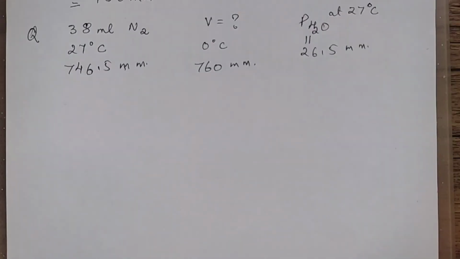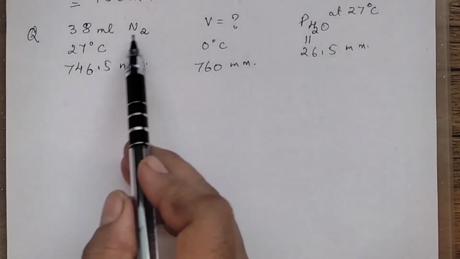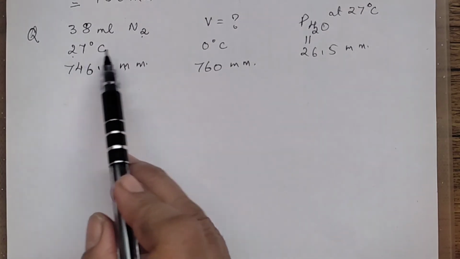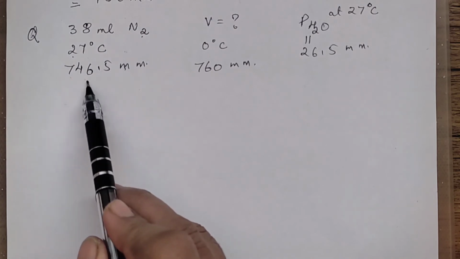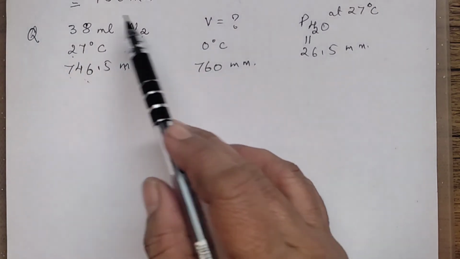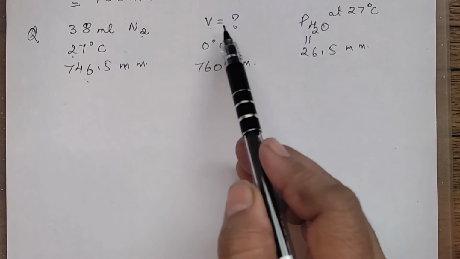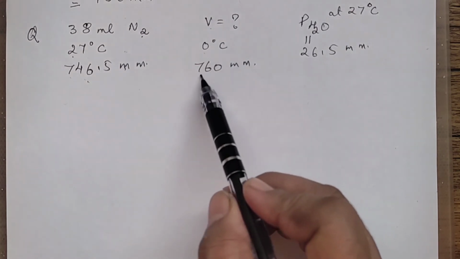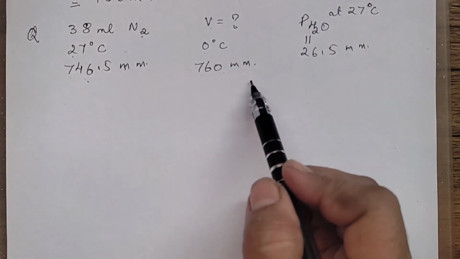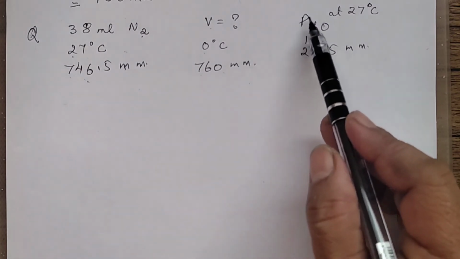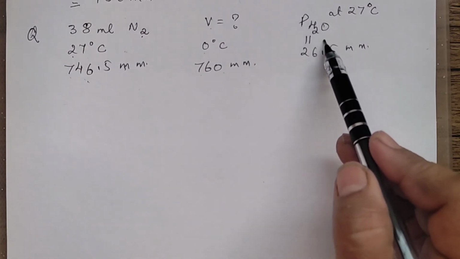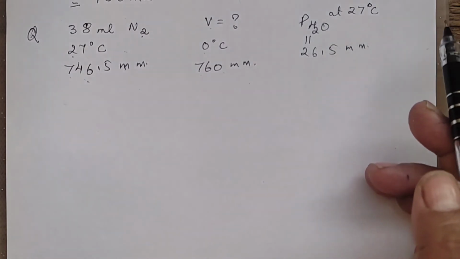Fine. Moving on to the next question. It says this much ml nitrogen at 27 degrees Celsius exerts this much pressure. What will be the volume of nitrogen at 0 degree and 760 millimeter? Given in the question is the aqueous tension of water.